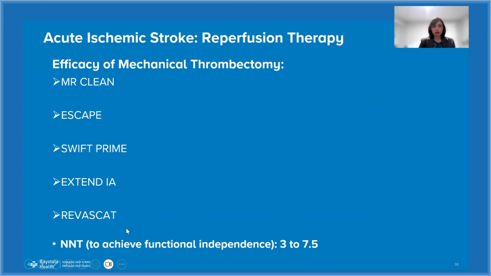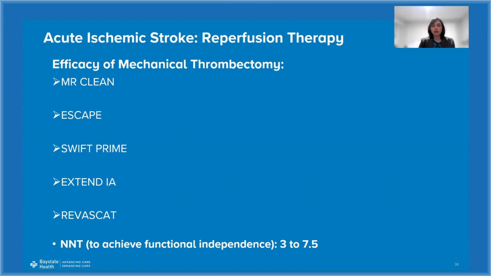Here, it would be important to know that the number needed to treat, to achieve functional independence, was 3 to 7.5. And that means for one patient to do really well, 3 patients had to be treated. If you recall from aspirin, it was 140, and this is down to 3 to 7.5 based on various trial results.